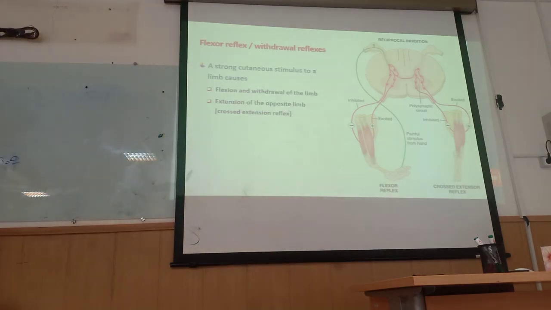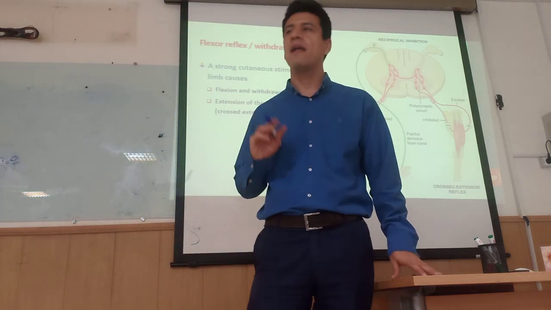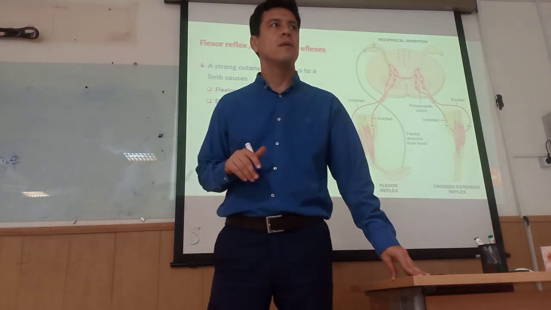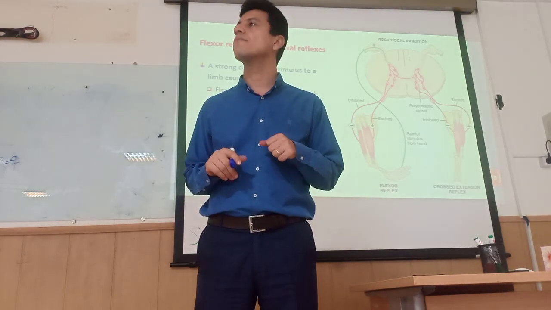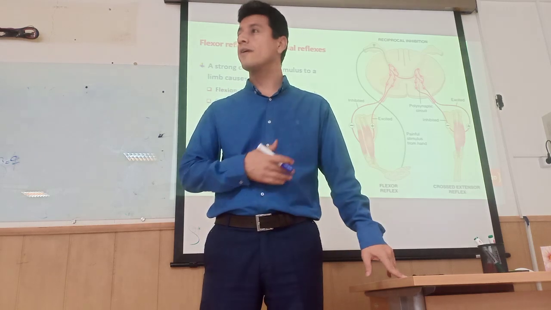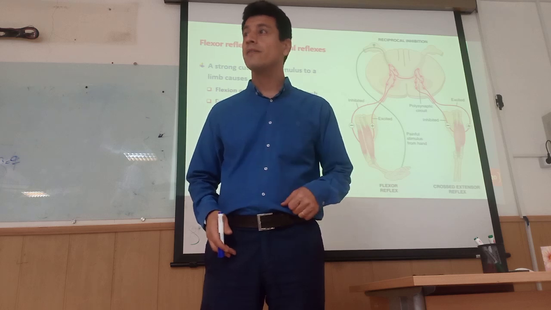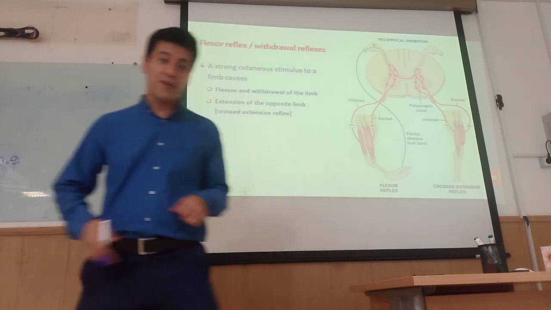Depending on the strength of the painful stimulation, other limbs may get involved. For example, sometimes you touch something which is painful but not so painful. Okay? You remove your hand like this. But sometimes it's so strong and so painful that you withdraw your hand and also go away from the object.